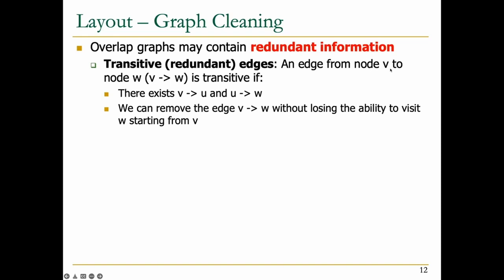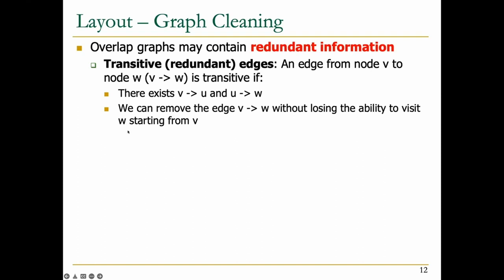Assume that you have a node V, and you want to go from V to W, right? We say that V to W is transitive if there exists some path from V to U and U to W, such that we can remove this V to W information without losing the ability to start from V and visit W.